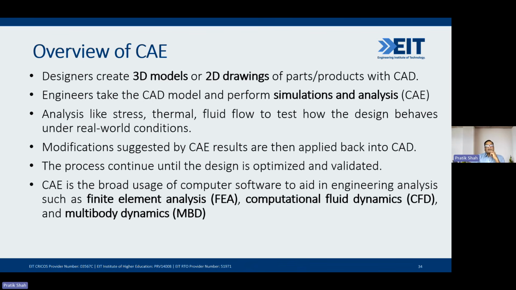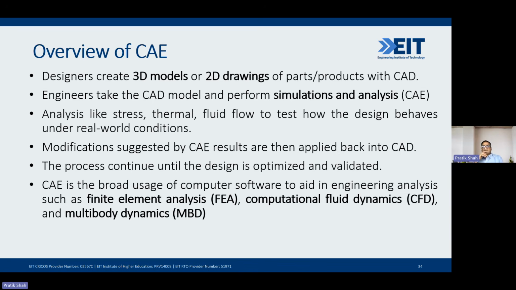We have to check that particular design in order to check its validity when loading conditions come upon it. So when certain kinds of loads come upon that product, we need to check in engineering analysis whether it is going to sustain the load or whether the material or the product is going to fail.